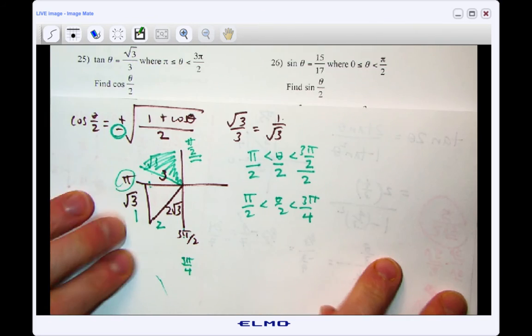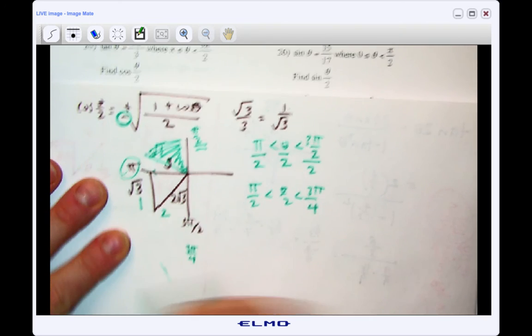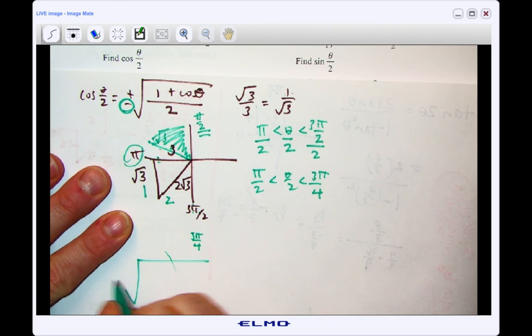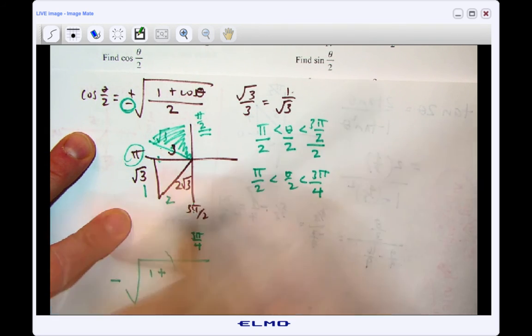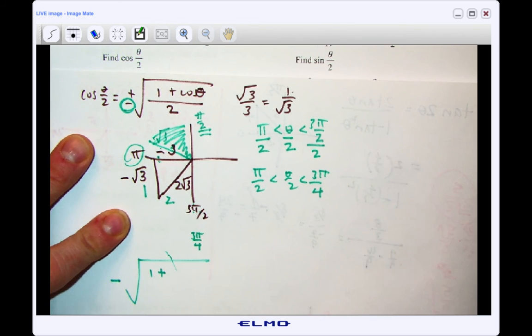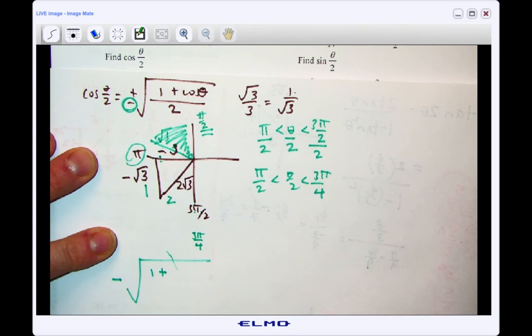And now it's just a matter of plugging in the cosine into the formula and picking the negative. So I'm going to have negative 1 plus cosine of this one. Let's put in our positives and negatives so that I don't get the wrong answer. So it's going to be, oh, well, I'm using these green ones I just said, but whatever. Yeah, I'm going to use the green ones.